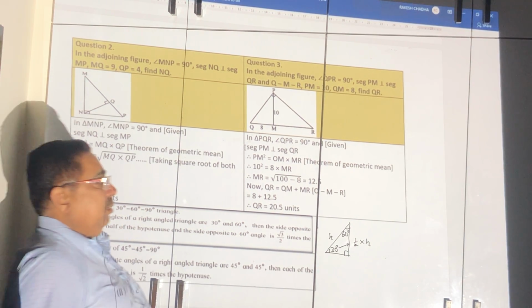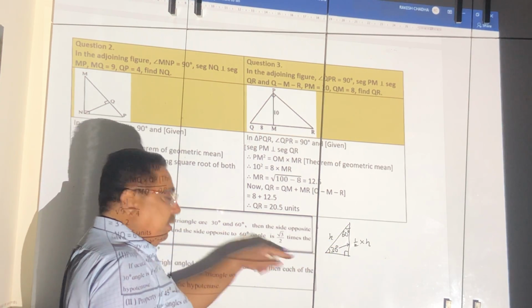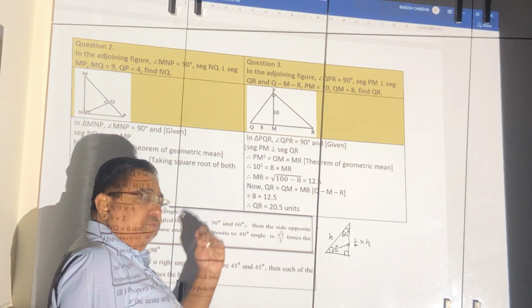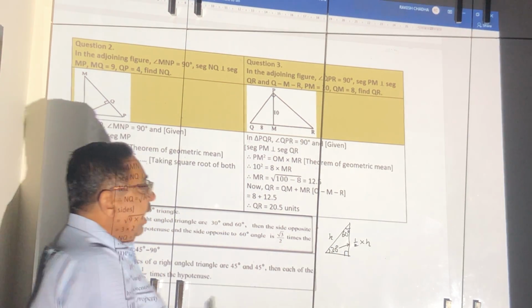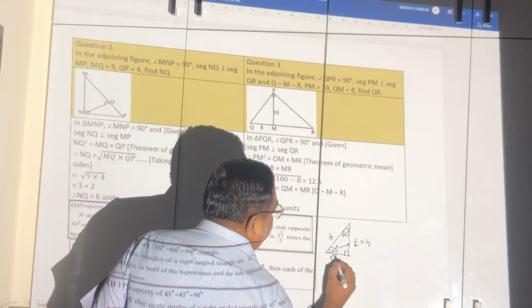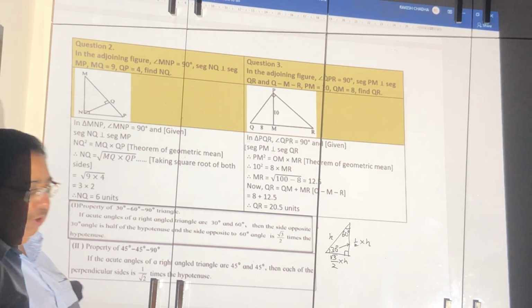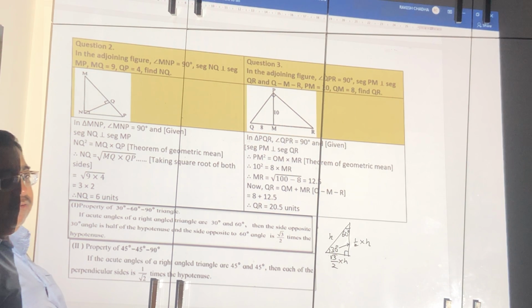Okay? So if I have this, I would double this, it will become hypotenuse. Whichever way you see, hypotenuse's half or half's double will give you hypotenuse, whichever side is given to you. And the side opposite 60 is root 3 upon 2 times hypotenuse. Don't forget it, my friends. You've already learnt it. Now we cannot afford to forget it. And we will use it.